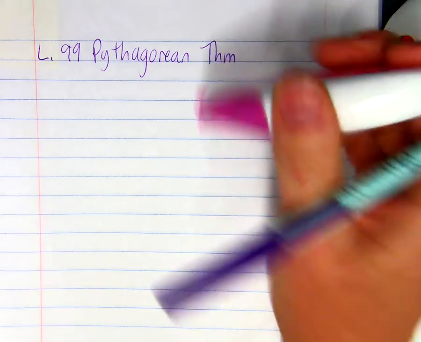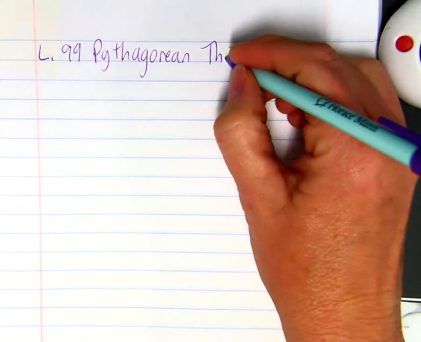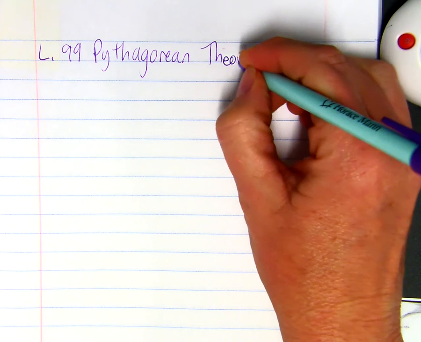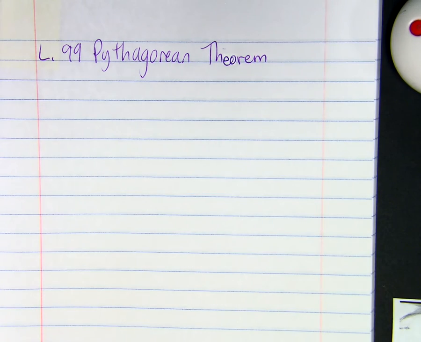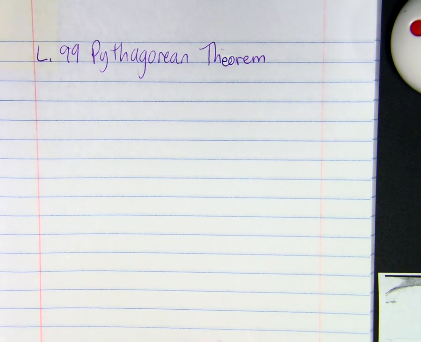Let me take this M off because I always write theorem, capital THM, and so I forgot that. I'm not sure, but this might be the first time you've seen the word theorem. Maybe. Okay. The Pythagorean theorem can only be used with right triangles.